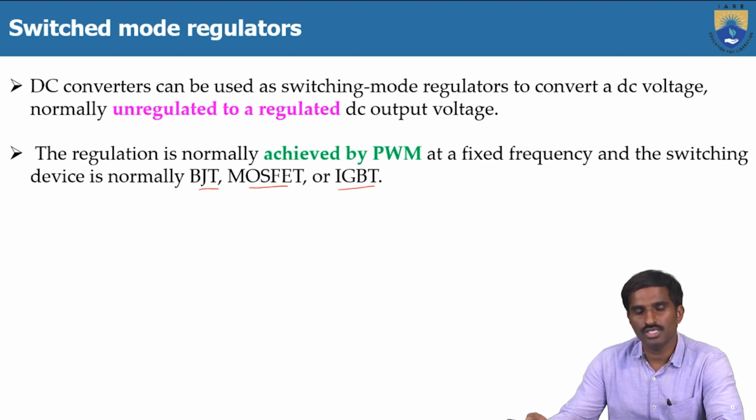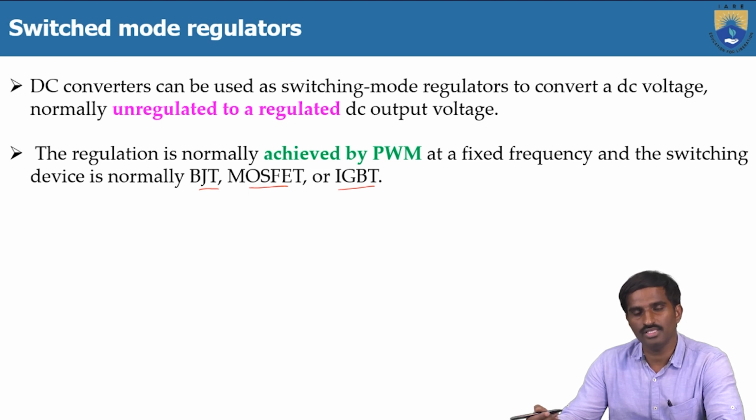The circuit configuration of these switching mode regulators and the other DC to DC converters looks almost the same, but the difference is that we use a different type of controller, because as we discussed with the chopper control techniques, one is frequency control, which means time ratio control, and another one is the current limit control. These are the two different techniques that we have discussed to control the choppers.